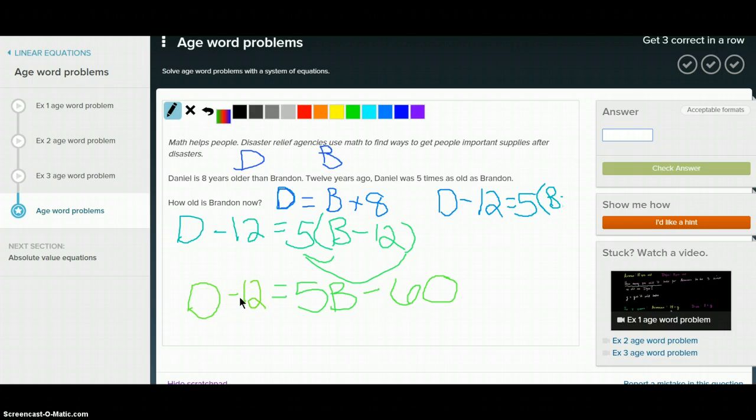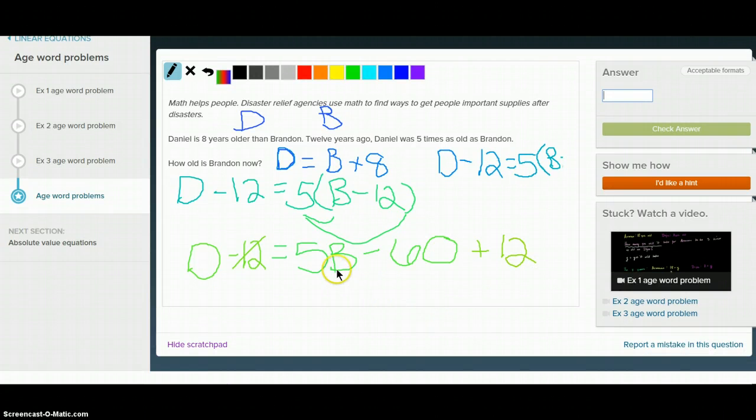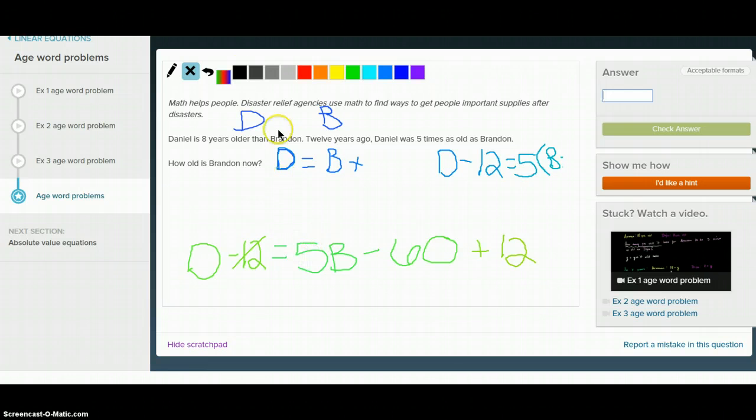So we're going to add 12 to both sides. So this 12 goes away, and we're adding 12 over here. Okay, and I'm kind of running out of room here, so I'm going to erase this little portion right here.